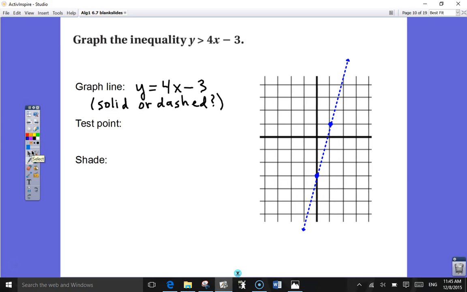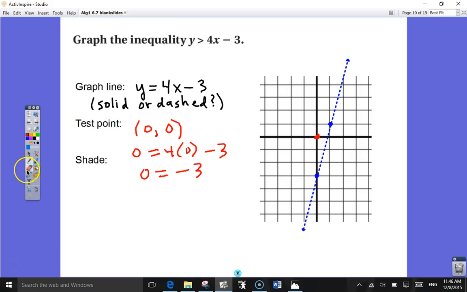Step 2. Test a point. So what point do we want to test? I'm going to change this to red just because I can. Let's take our test point right there. That is the test point of 0, 0. Okay, plug that in. 0 equals 4 times 0 minus 3. 0 equals negative 3. Oh, sorry, that was wrong.